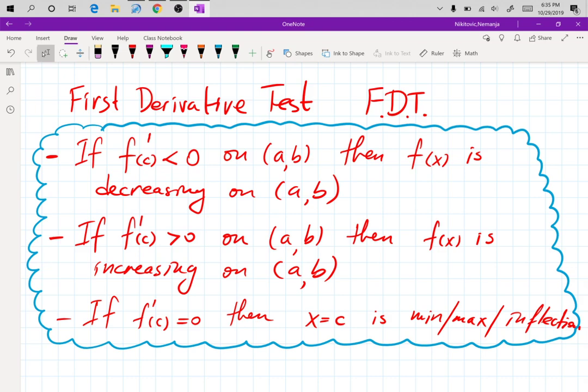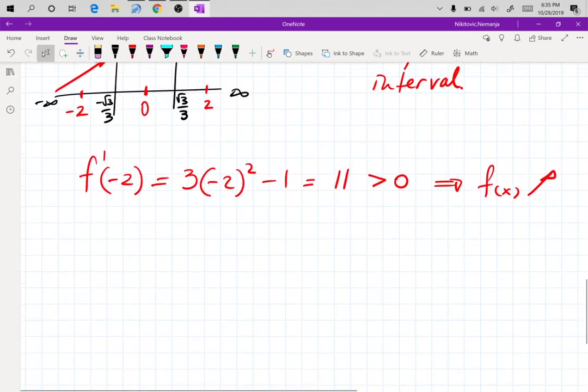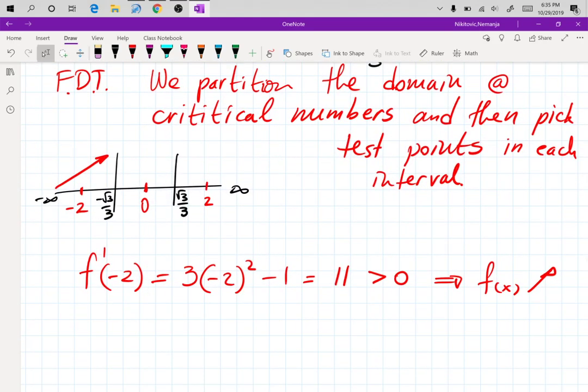In each one of those partitions, you pick a number somewhere inside, and each one of those numbers is the c. You plug that into the derivative, and it will give you a value either larger or smaller than 0. My first test point gave me a larger value.